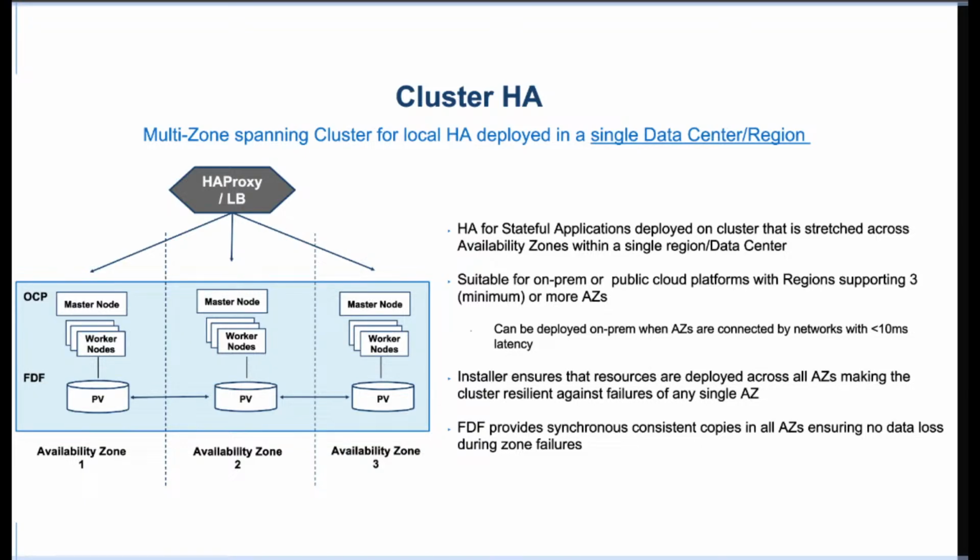So this is the default deployment of ODF in the cloud. We have 3 different availability zones, and we just replicate data over them. If one AZ fails, you don't even notice.